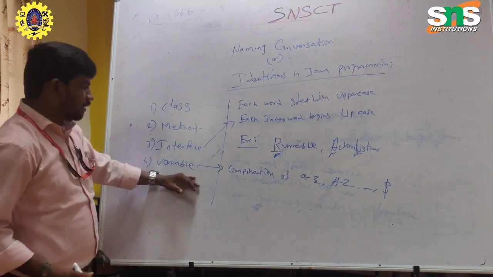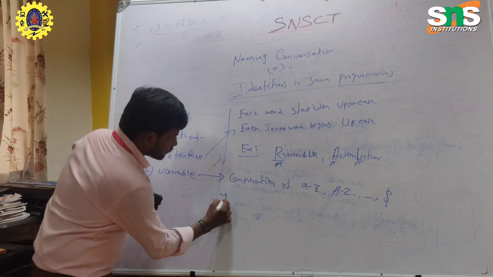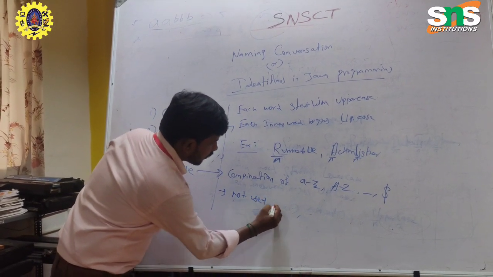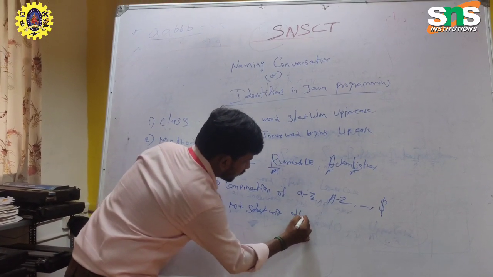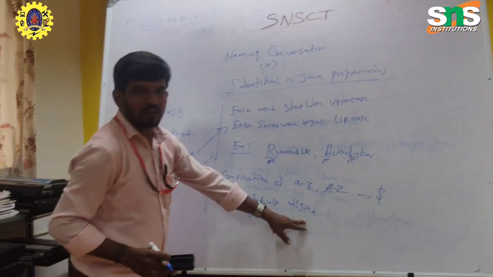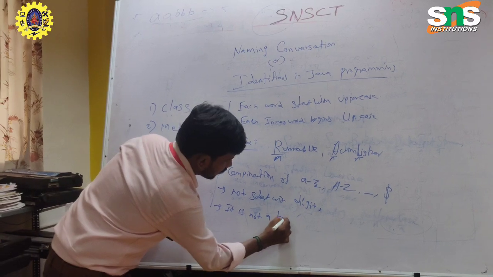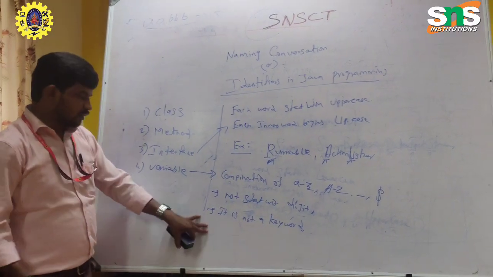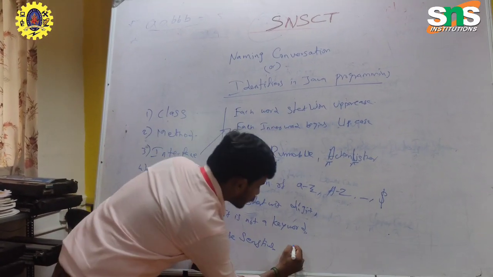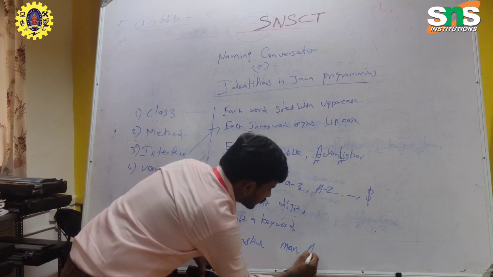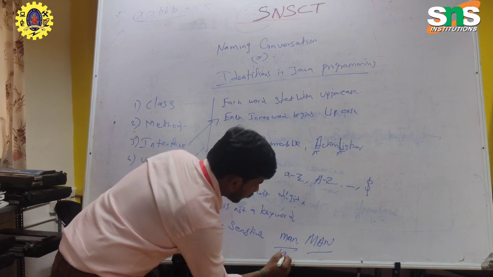Each variable works with these rules. Also, a variable must not start with a digit, it must not be a keyword, and it is case sensitive. For example, man and Man are two different variables: variable 1, variable 2.